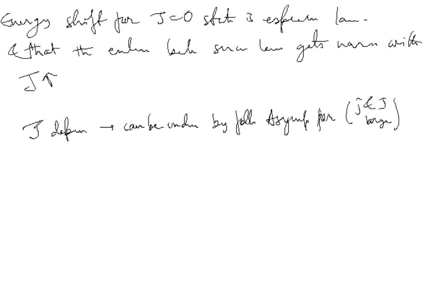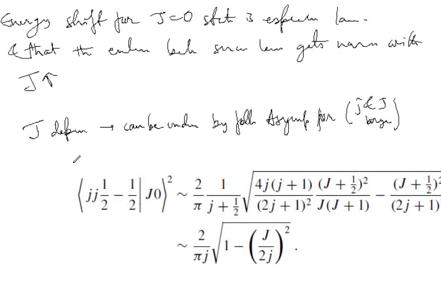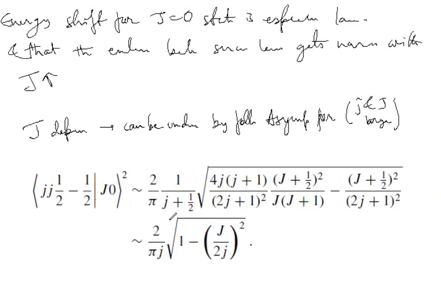And what's the formula? Let me write it down. The formula is this. So this is the formula. You see, it depends on 1 minus capital J by twice j, whole square.